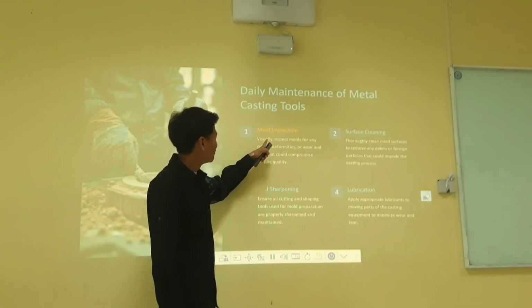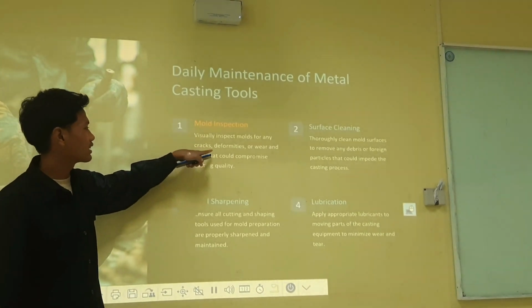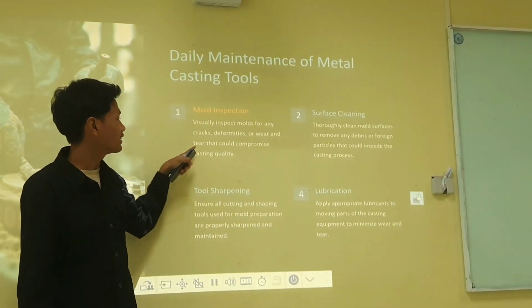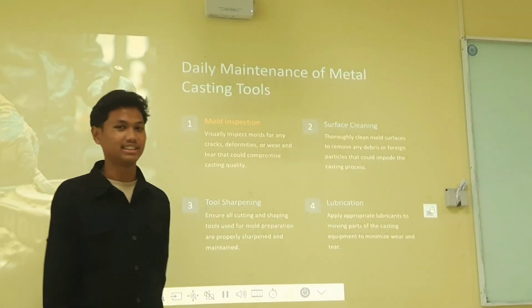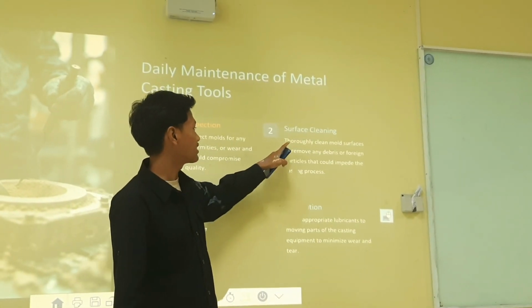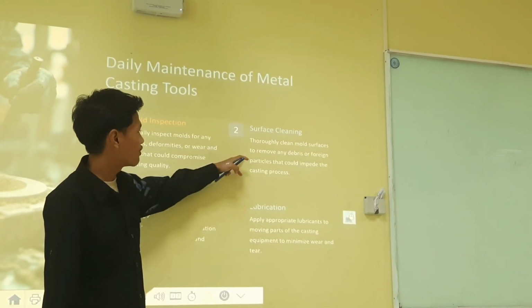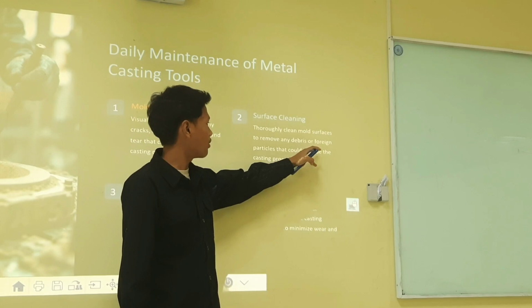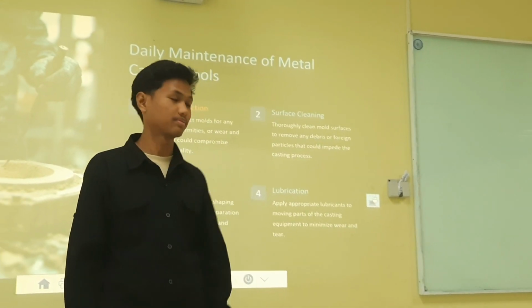Number 1, mold inspection. Visually inspect the mold for any cracks, deformities or wear and tear that could compromise casting quality. And number 2, surface cleaning. Thoroughly clean the mold surface to remove any debris or foreign particles that could impede the casting process.